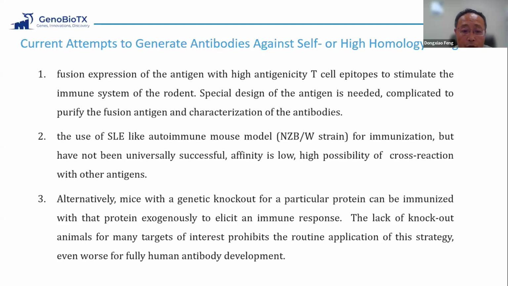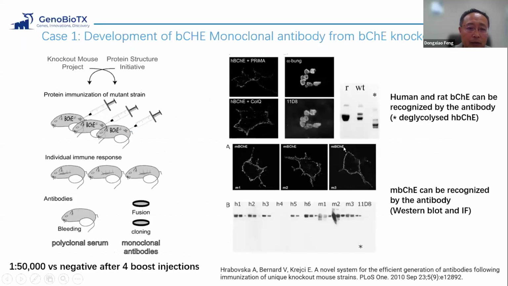It is even worse for fully human antibody development, because all the fully human antibody platforms developed by the companies, including KMAB, Cytogen or Gene Pharmatech, are based on a wild-type background. It's really hard to make a knockout mouse from those fully human transgenic mice. It will take at least 1 year or even longer to get a knockout mouse model for antigen immunization. Most of our clients cannot wait 1 or 2 years to get a mouse for immunization, so it's not very easy to use.